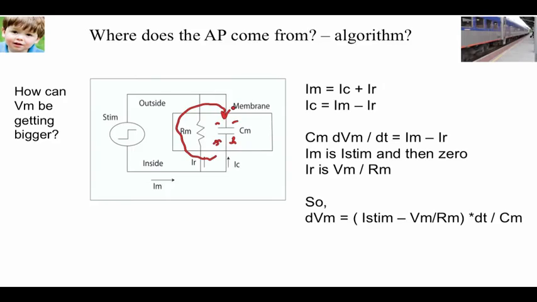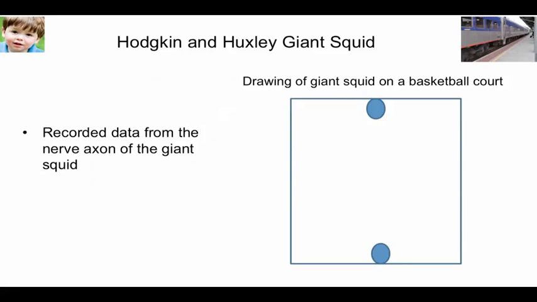So Hodgkin and Huxley in the mid-1900s provided such an explanation. Let's talk about what they did a little bit just historically. First of all, they recorded data from the nerve axon of the giant squid.